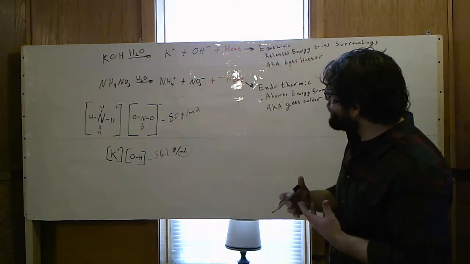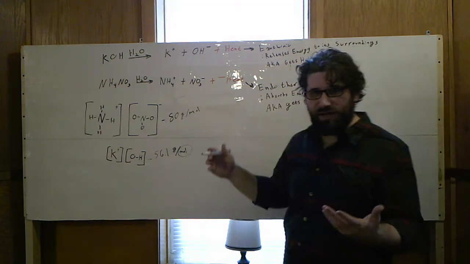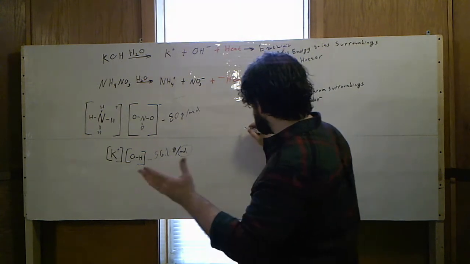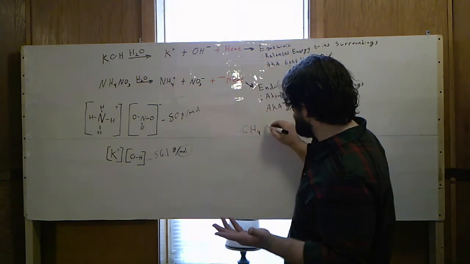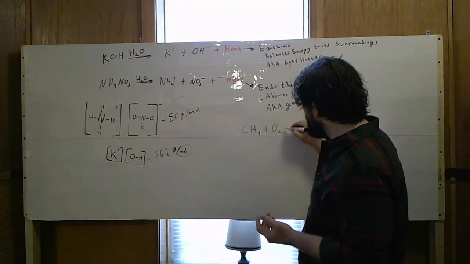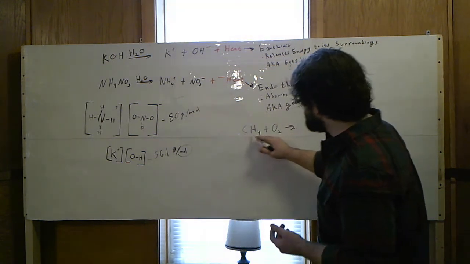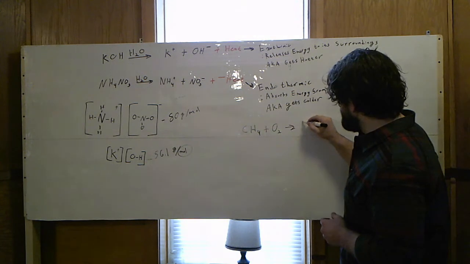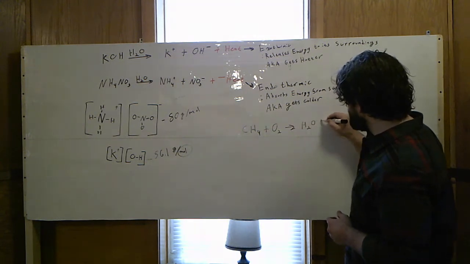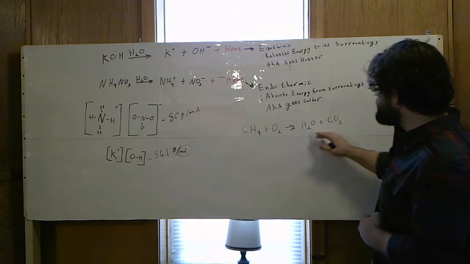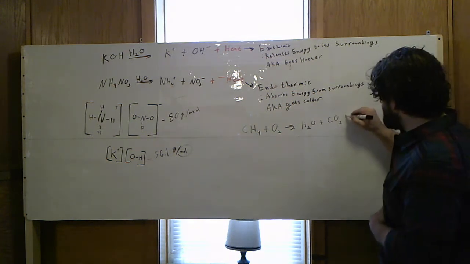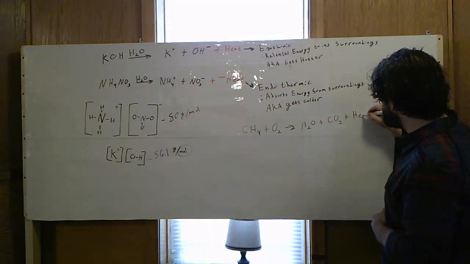So they'll write out the equation saying, okay, let's just say I'm trying out methane, which is just CH4. When that combusts, it's going to combine with oxygen. Remember, we looked at these in our last unit. It's going to make H2O and carbon dioxide, and it's going to release a bunch of heat.